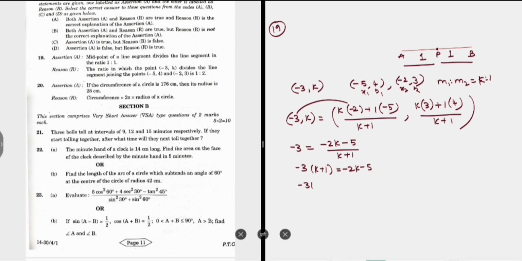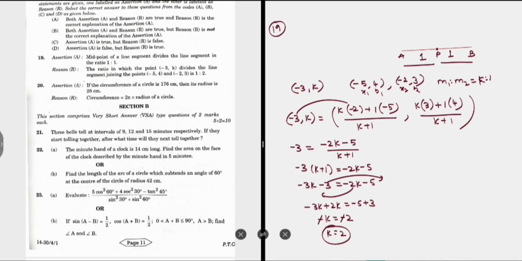Then minus 3k minus 3 is equal to minus 2k minus 5. Transpose minus 3k here, minus 3 there. Then minus 3k plus 2k is equal to minus 5 plus 3. That is minus k is equal to minus 2. So after cancellation, k is equal to 2.